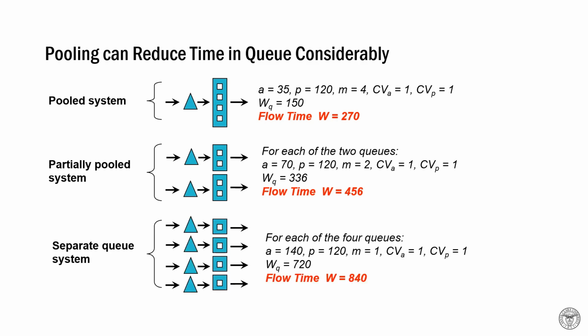The separate queue system, which divides the demand across 4 individual queues, each with one server, results in an even higher time in queue of 720 seconds and an overall flow time of 840 seconds. Therefore, under these conditions, a pooled system proves to be the most efficient in terms of reducing the time customers spend in queue.